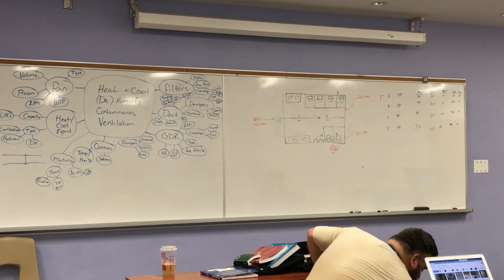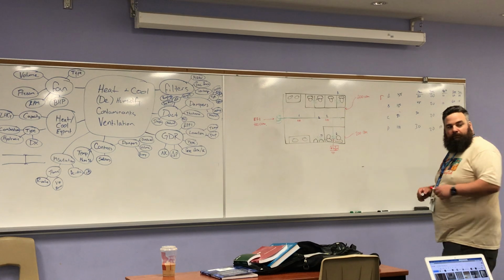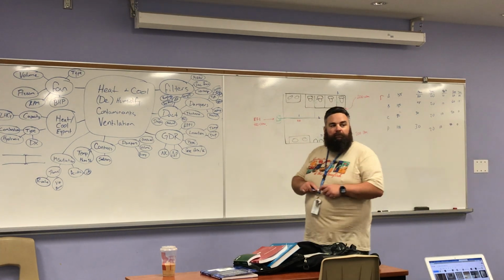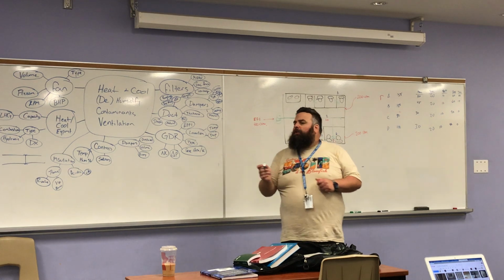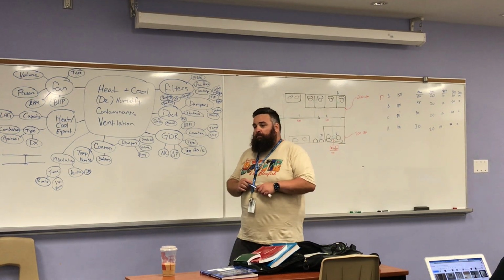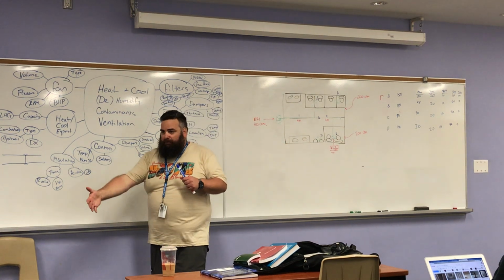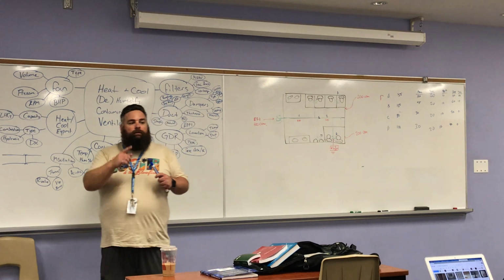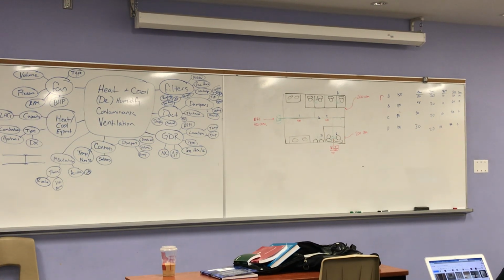What happens when my velocity increases? Noise. The pressure drop goes up, right? Remember when I had you guys do this? The faster it goes, the more friction we have.